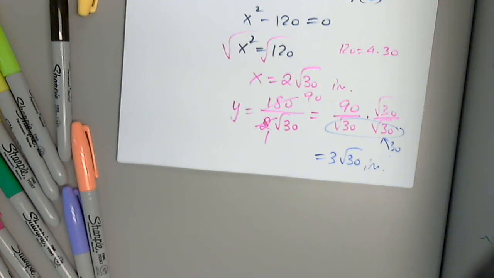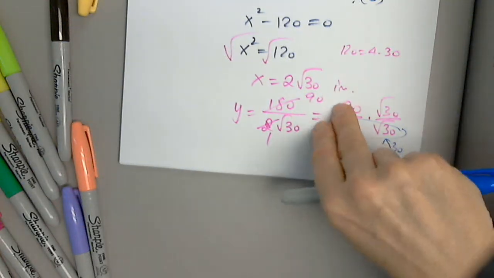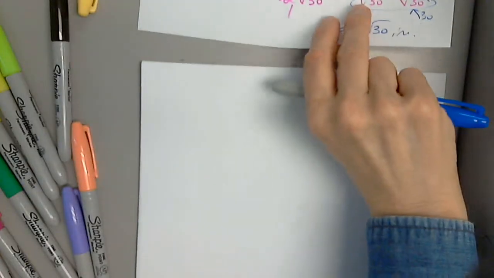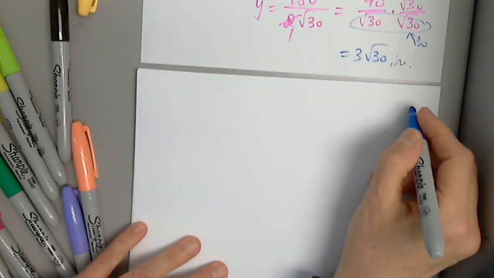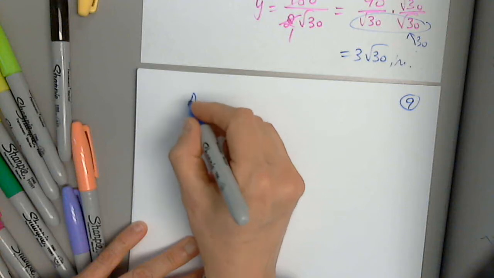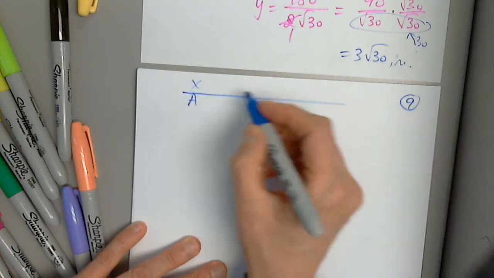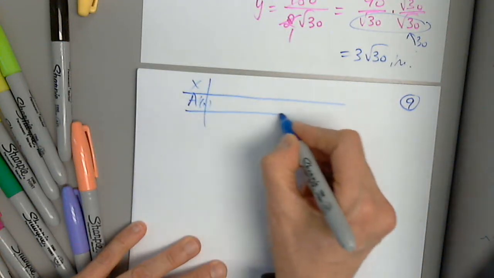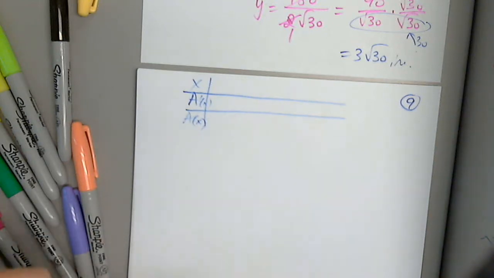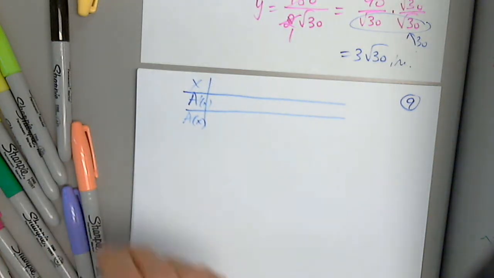However, I did not prove that this gives a maximum printed area. Now is the time. So let's look at x, A prime, and A of x. I think I should get rid of this one.